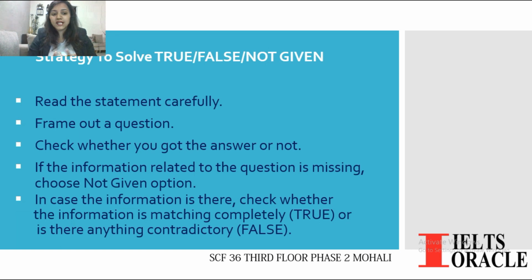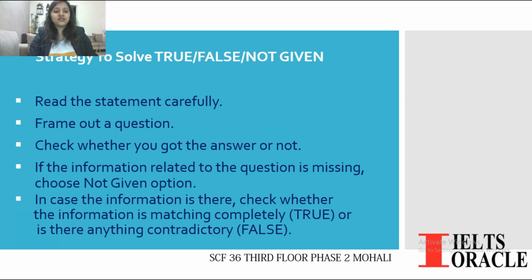Now you need to relate whether the information given in the passage completely matches the information of the statement or not. If the information is completely 100% matching with the information of the statement, then you'll be opting for the true option. Or if there is any sort of contradiction over there, you'll be proceeding with the false option, right?